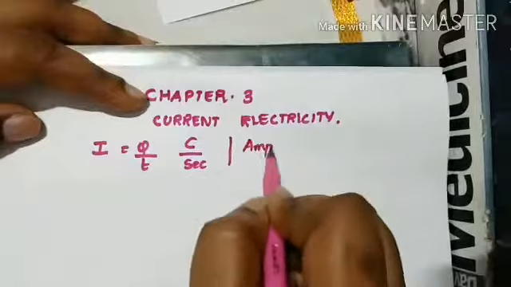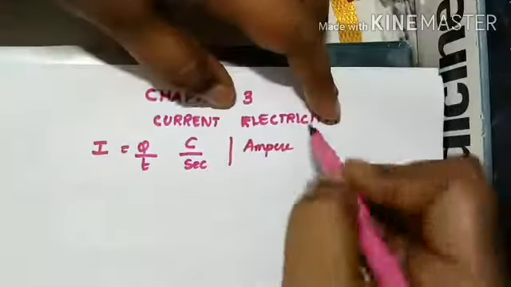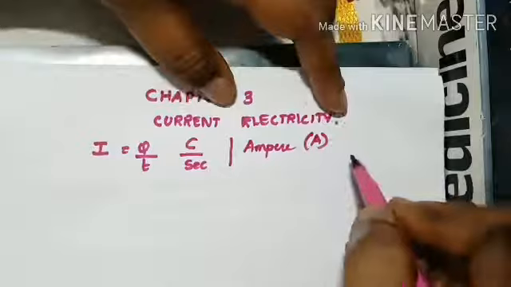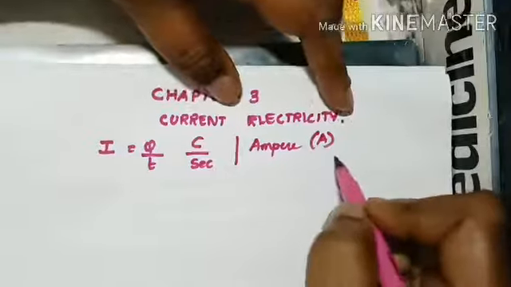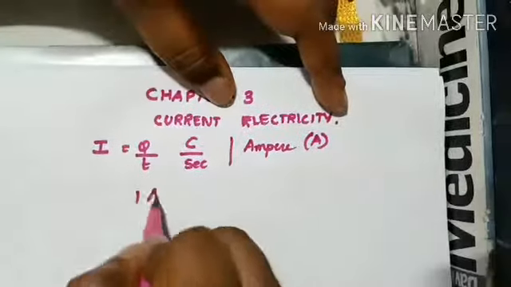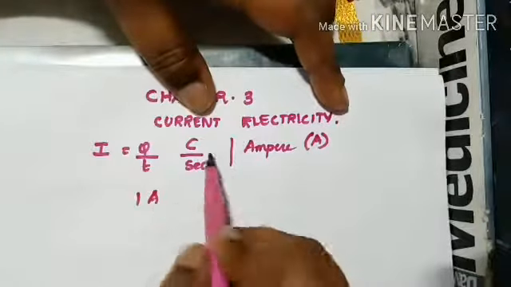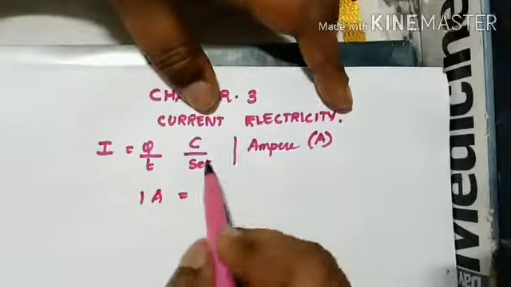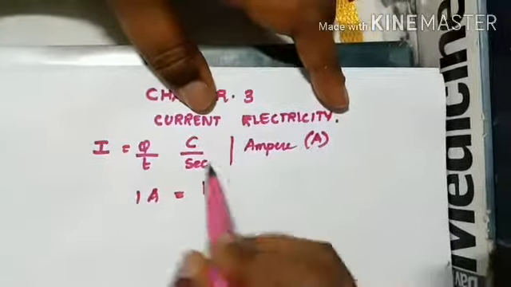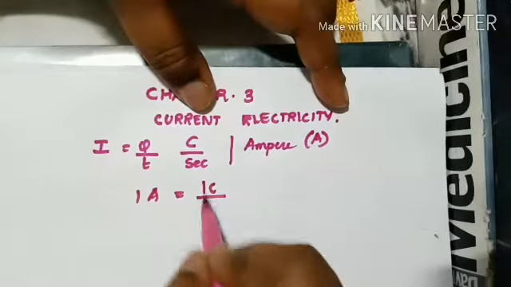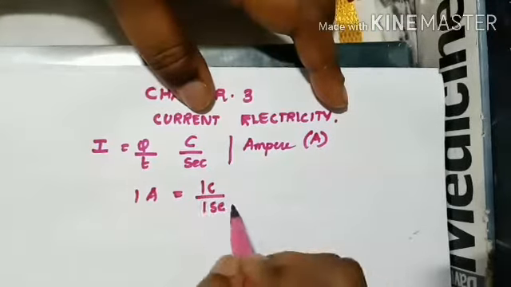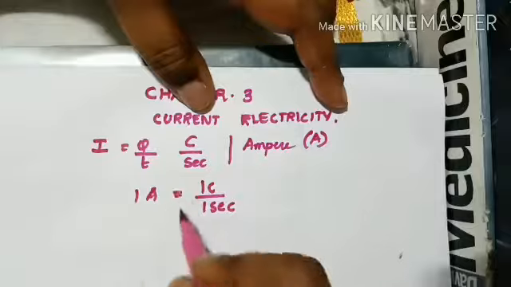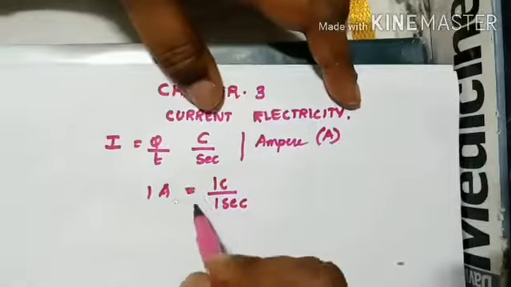I hope all this you know, right? And what is the symbol of it? It is A. So if you are asked what is the definition of 1 ampere, how would you write? To create 1 ampere, the charge should be 1 Coulomb, and the time should be 1 second. So from this itself I can generate the definition of 1 ampere.